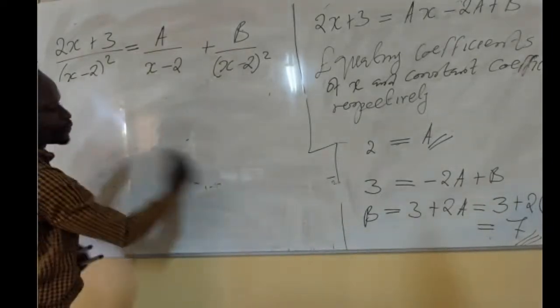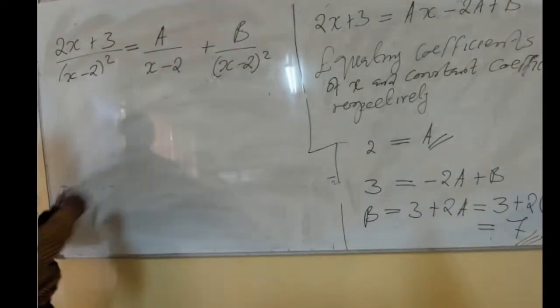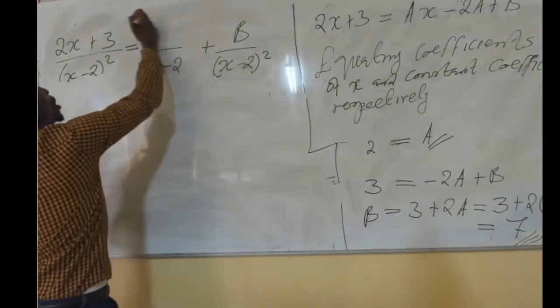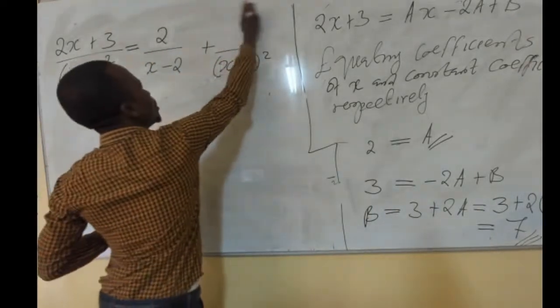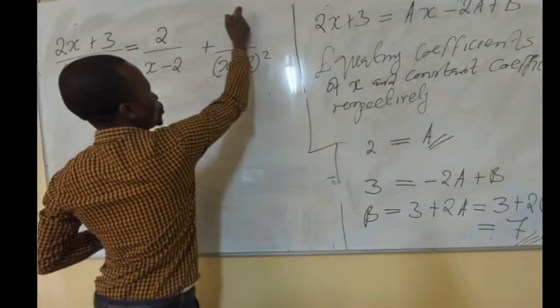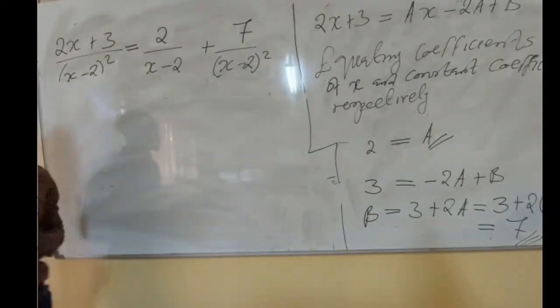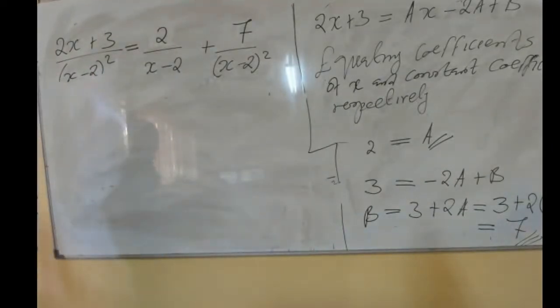Our a is equal to 2 and our b is equal to 7. Then you simplify your final answer.